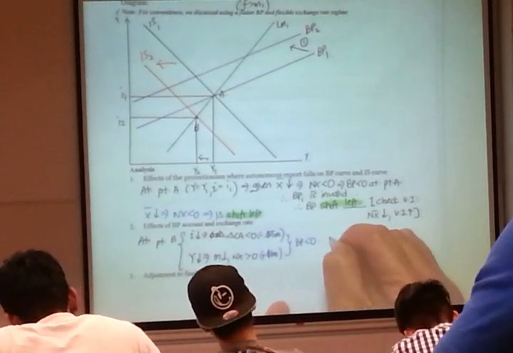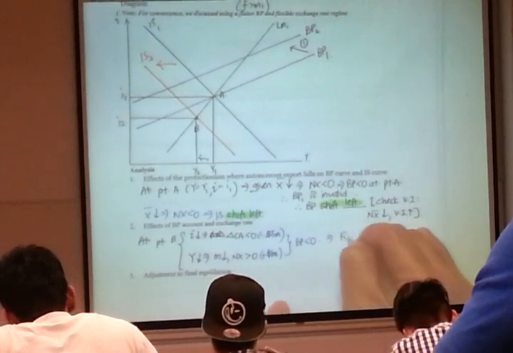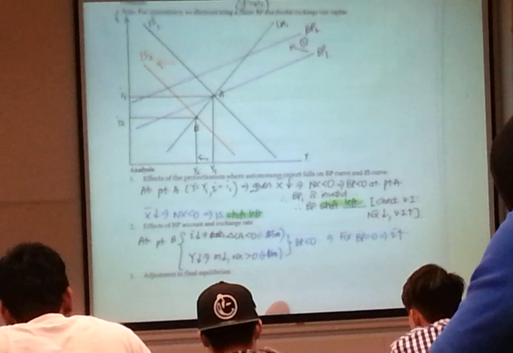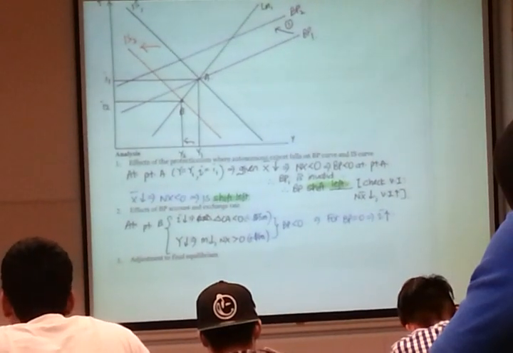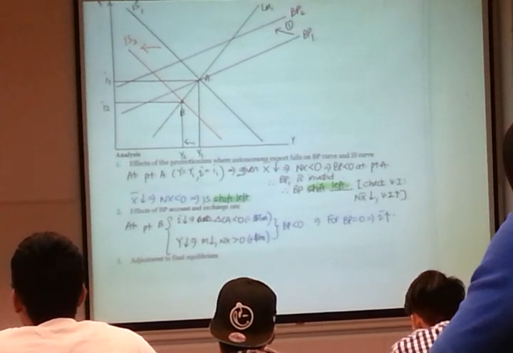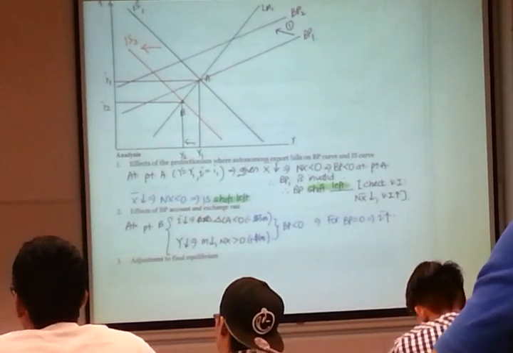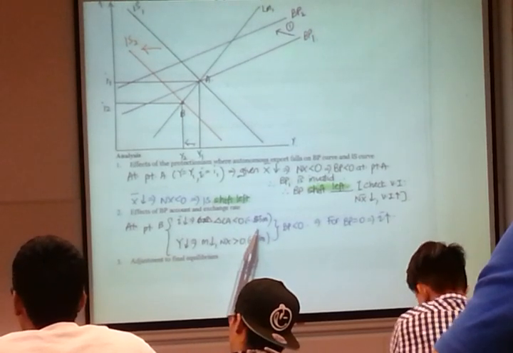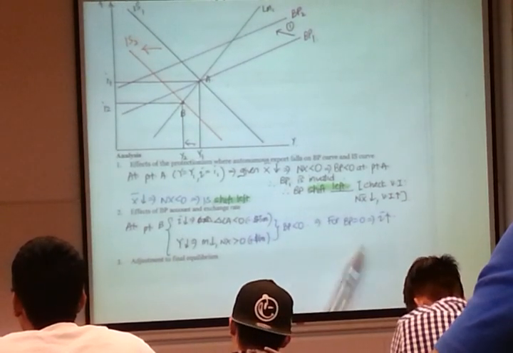Okay, and you know, for BP to be 0, interest rate has to go up. So I skipped many steps already. Over time, you are able to tell how to correct the BP. So the main culprit of the BP is capital outflow. So to correct the BP, interest rates must go up.